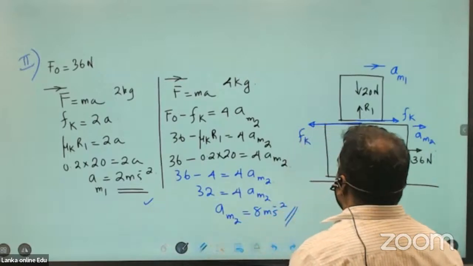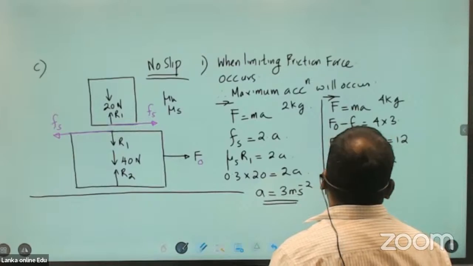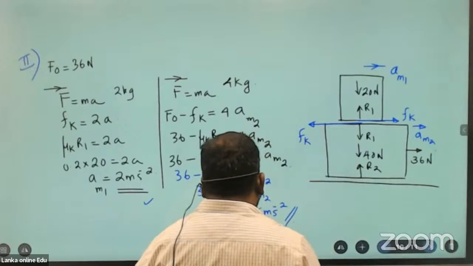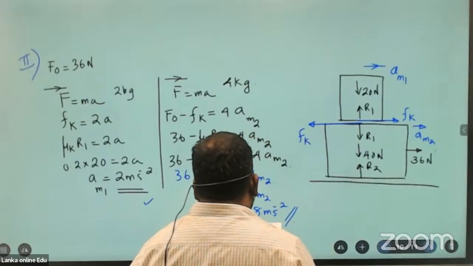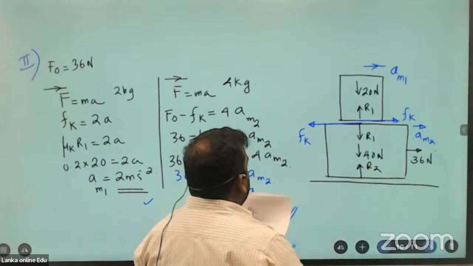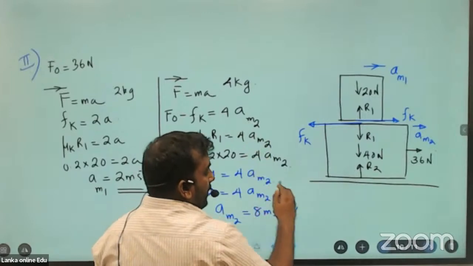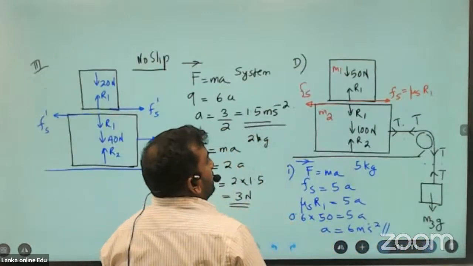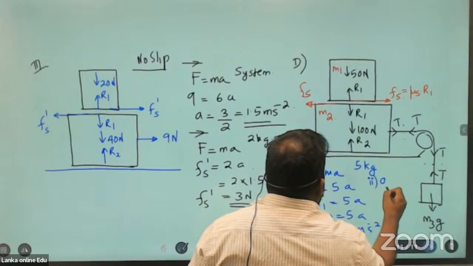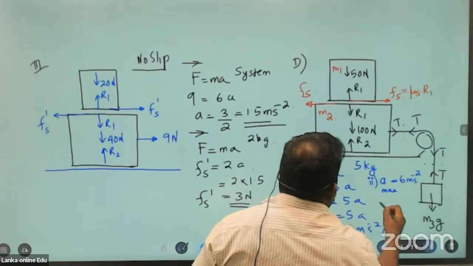Condition is given. If you put dynamic friction, it's slipping. Two different cases, you can't apply it here. So Roman 2, the answer is the same. Maximum acceleration will be 6 for no slip.